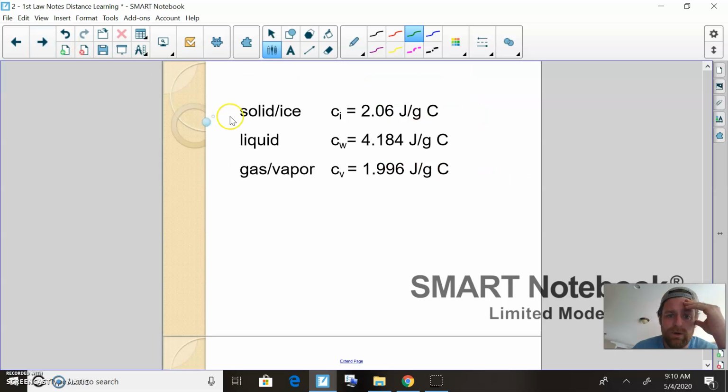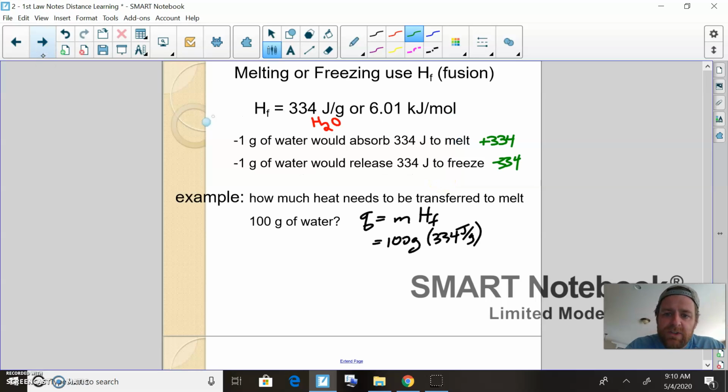What are those values? For water, the specific heat, c, is 4.184, from our last lesson, but water also has a different specific heat when it's ice and when it's gas. Just keep that in your back pocket. For the heat of fusion, if we are going to melt or freeze, it takes 334 joules.